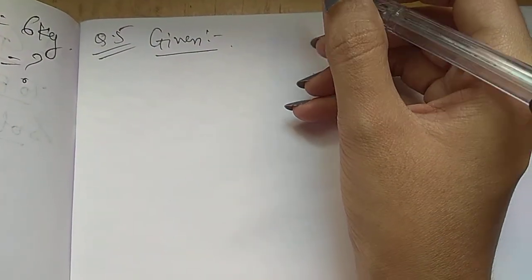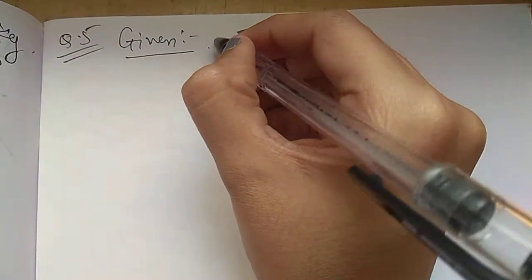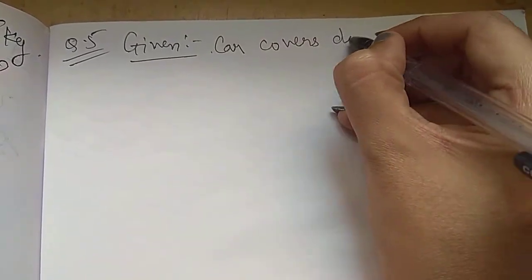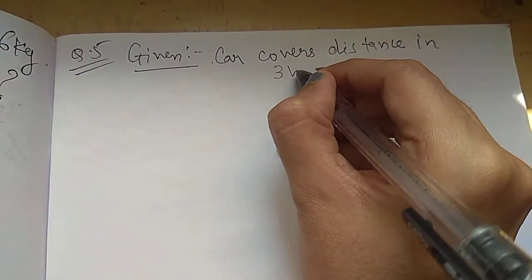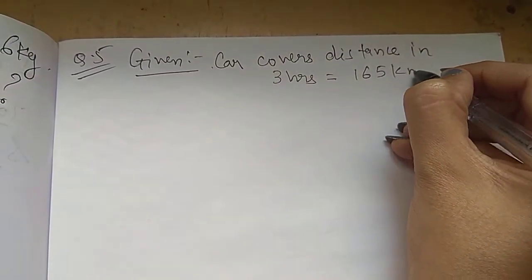So what is given basically? Car covers distance in 3 hours. How much distance it is covering? 165 kilometer.